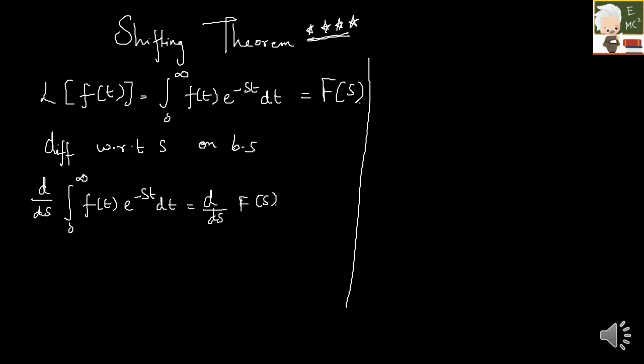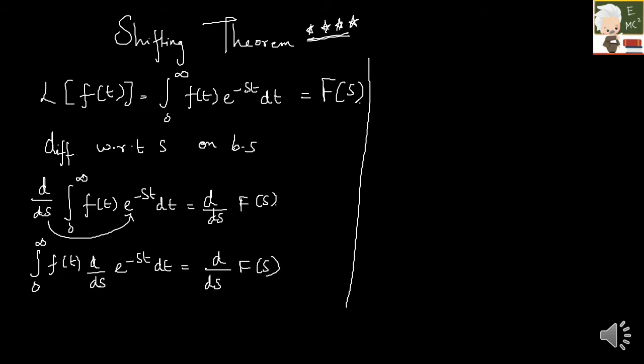Taking the derivative inside, we get the integral from 0 to infinity of f of t into d by ds of e raised to minus st dt, equal to d by ds of F of s. Once I differentiate, I get the integral from 0 to infinity of minus t into e raised to minus st into dt, equal to d by ds of F of s.